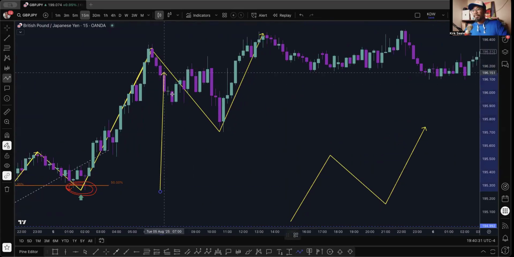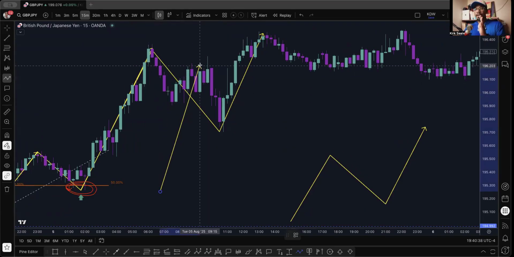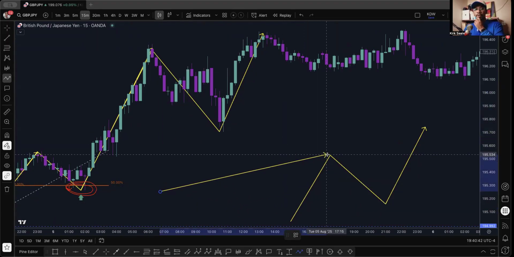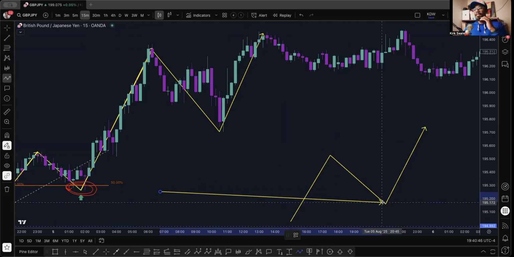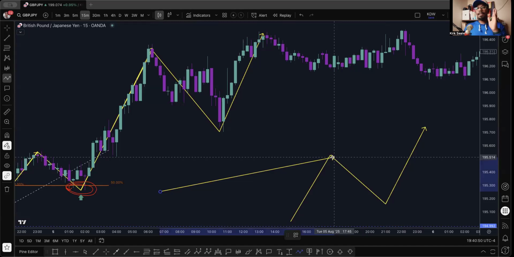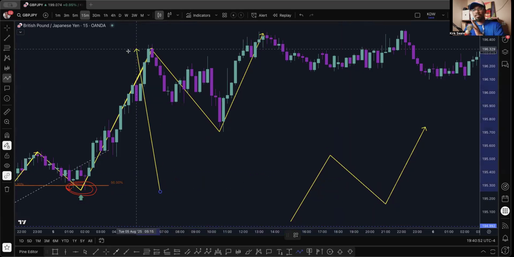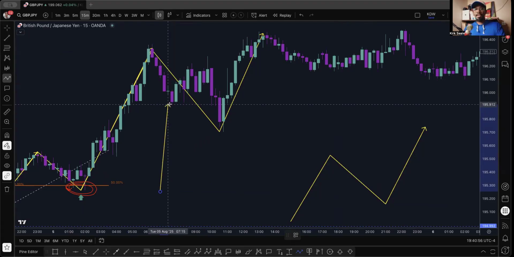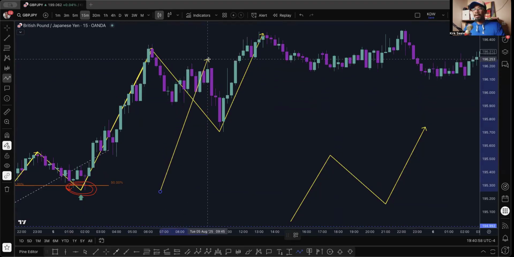I'm not going to spend too much time explaining why I skip this, but here's the simple explanation. When we are looking at this pattern, this point at the top is going to be the highest point, and then this is going to be the lowest point, the lowest point of that pullback phase. So price came up here, it came down, it stopped here, yes, but then it came back up.